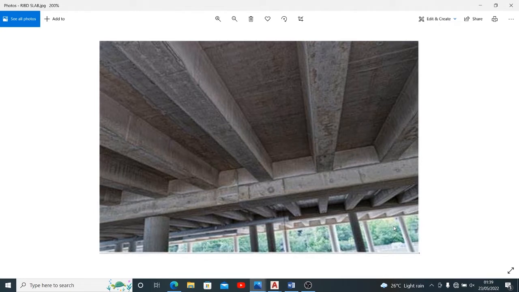Of course, we are all familiar with other slab types also. None of us should be strange to solid slab, very common everywhere. But this is also a kind of slab, a rib slab. So I'll be showing you different things about rib slab, including the advantages of rib slab over solid slabs. I'll be showing you the method of construction. I'll be showing you how to take the loadings of a rib slab. So I'd like you to pay attention.